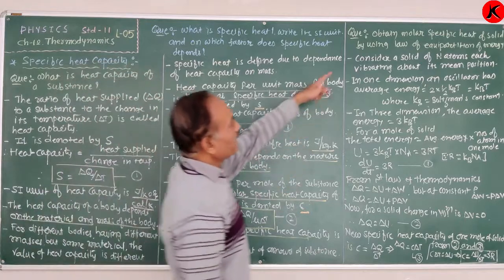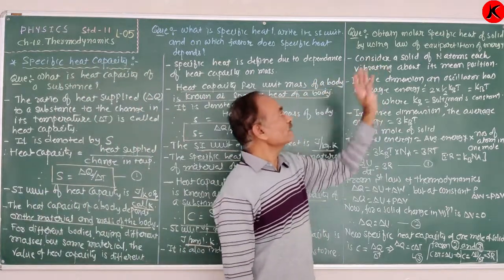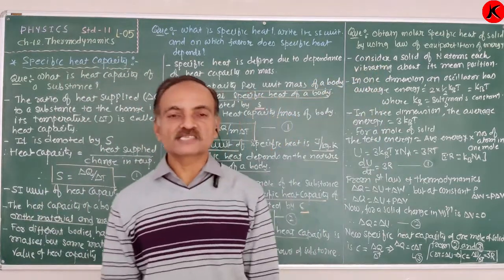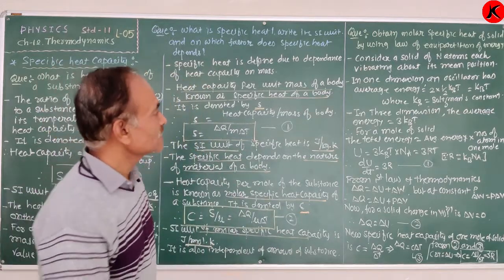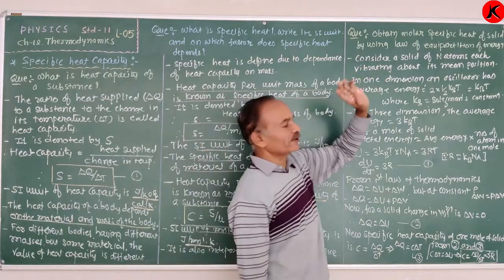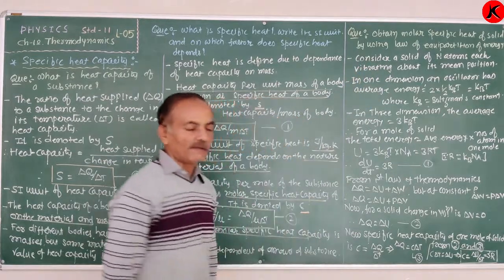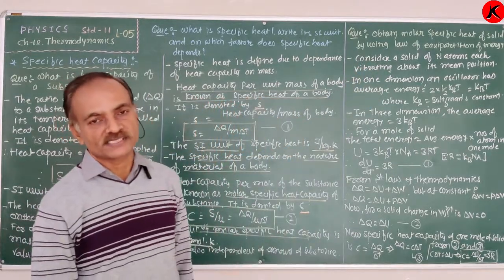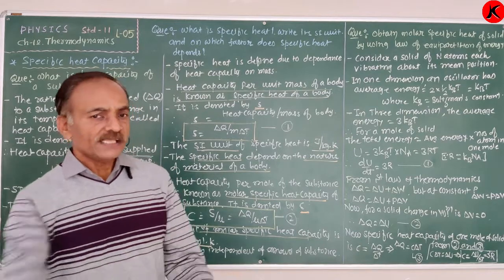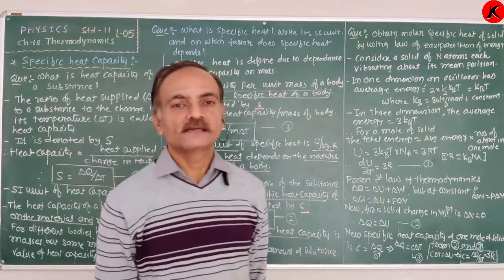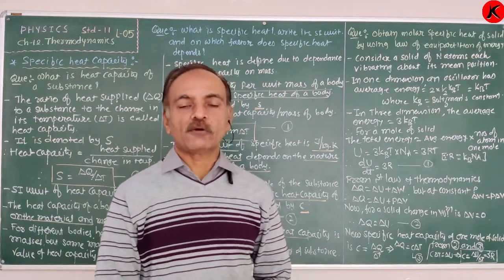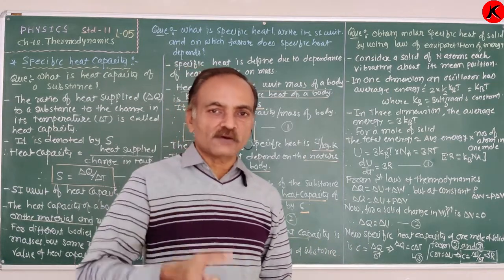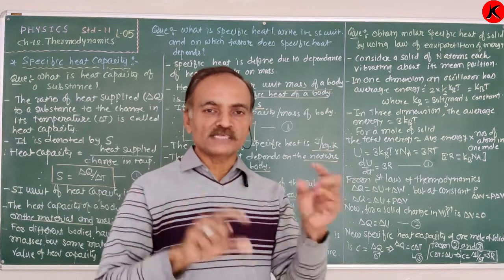On the basis of the law of equipartition of energy, we are going to obtain the molar specific heat C. For that purpose, consider a solid of n atoms, each of which vibrates about its mean position. According to the temperature, these atoms oscillate randomly about their mean position.